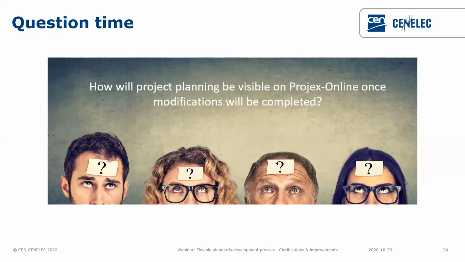In CENELEC, it's 3 months, and this also applies to the flexible process. So these will be applied also for the new projects. And of course, at the end of the 6 months, the technical committees are re-invited to deliver the draft.